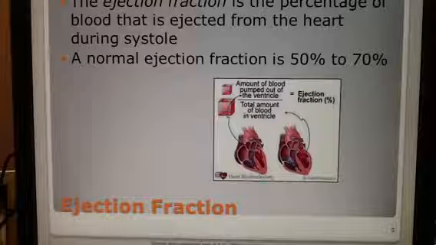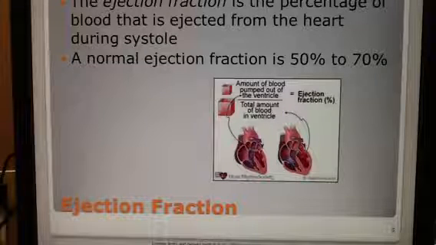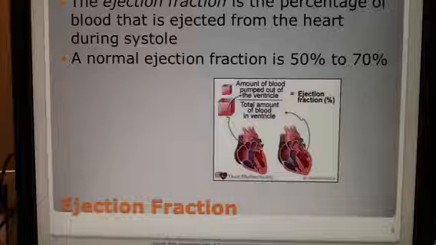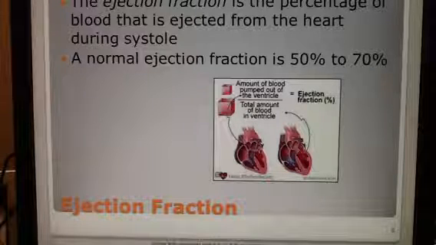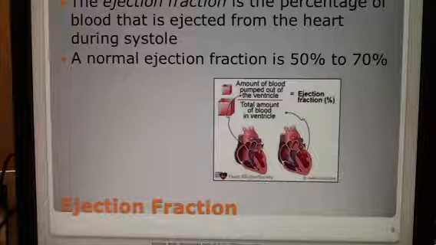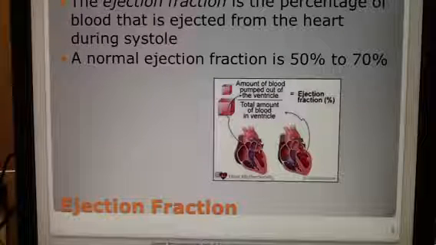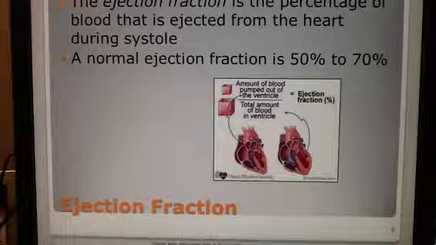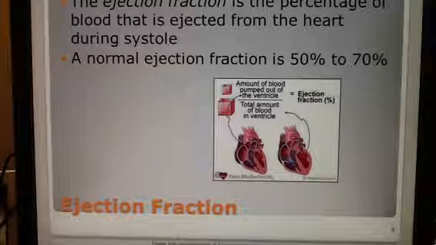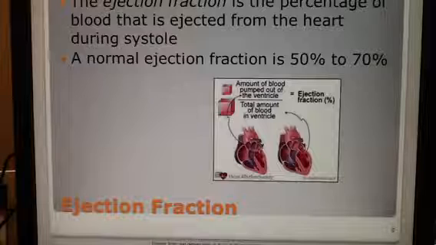So the ejection fraction is the amount of blood pumped out of the ventricle divided by the total amount of blood in the ventricle. That gives us a percentage. The normal ejection fraction is 50% to 70%. So if we have something lower than that, we know that we've got kind of a weaker contraction.